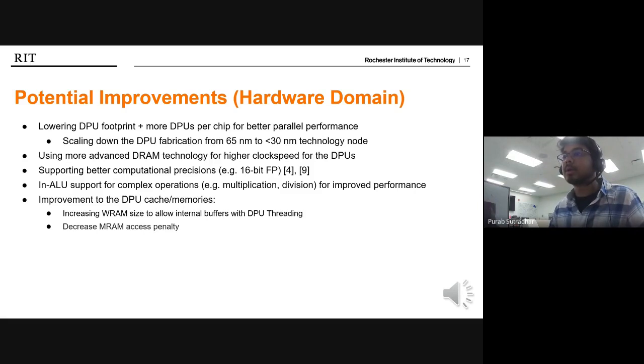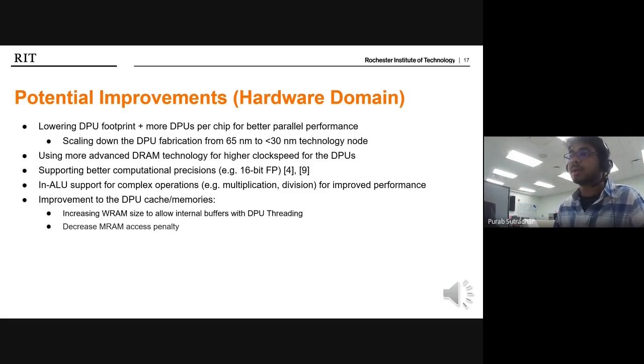The other room for improvement that we noticed, especially for AI computations, is floating point support. It doesn't have to be large floating point. For example, we can go for Google's bfloat or TensorFloat. Those have low precision, such as 16 or 18 bit, but they are very good for AI applications.